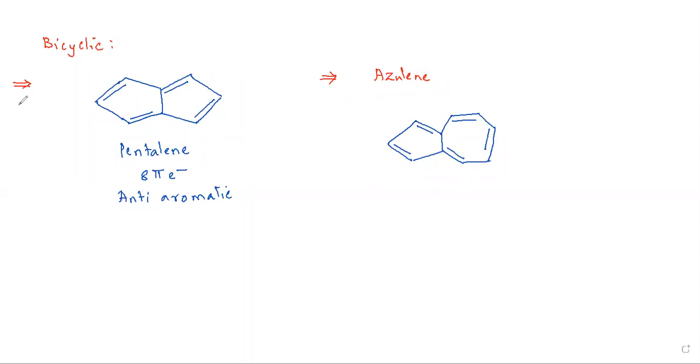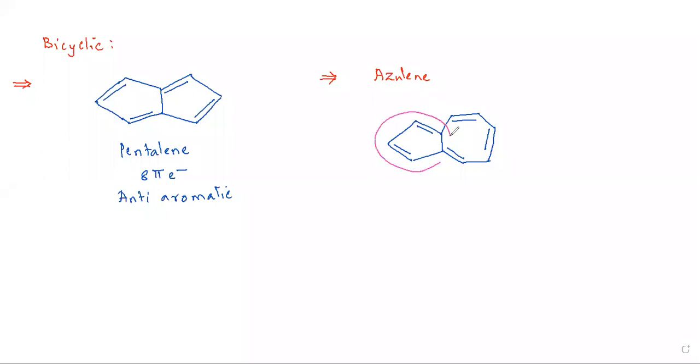You know, azulenes, there are certain other varieties of compounds called fulvalenes. These, of course, are said to be aromatic when we consider their dipolar structure. Now you can actually see this. Let me tell you in simple terms.